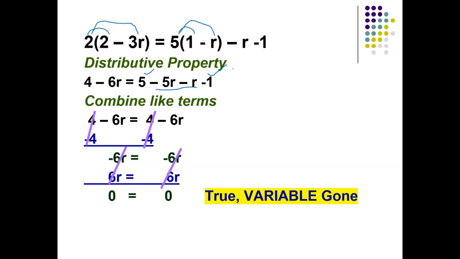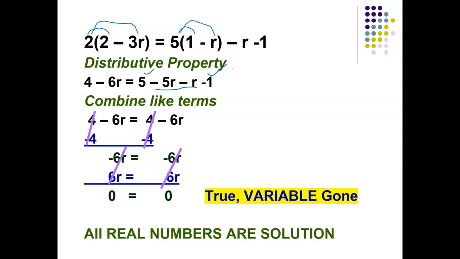So even if somebody chose to do the negative 6r first, in that case, you will end up having 4 equals 4. So in either case, whether 4 equals 4 or 0 equals 0, the similarity is that the statement is true. 4 equals 4 is true, 0 equals 0 is true, the variable is gone.